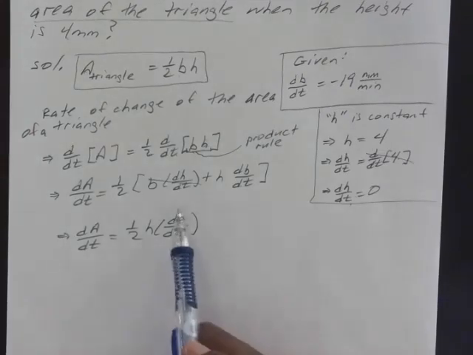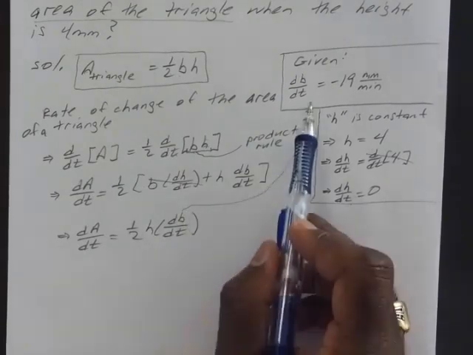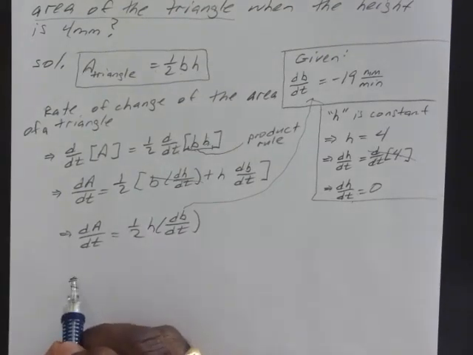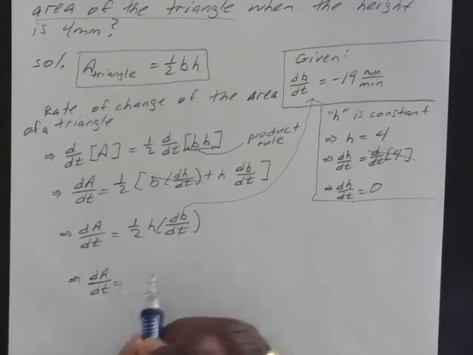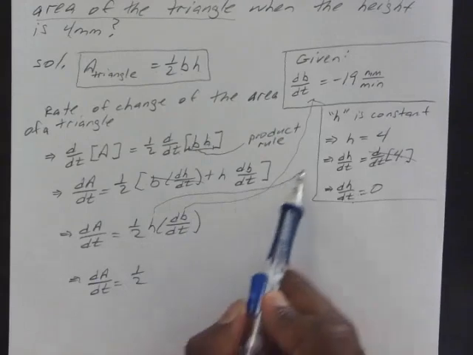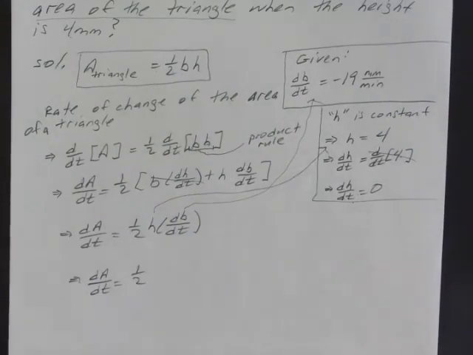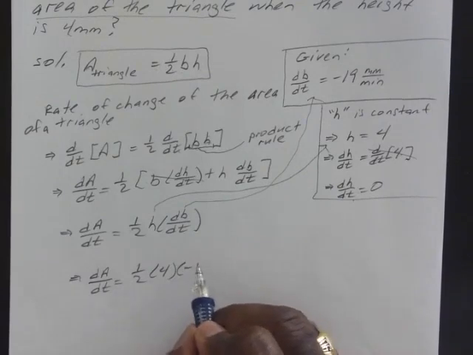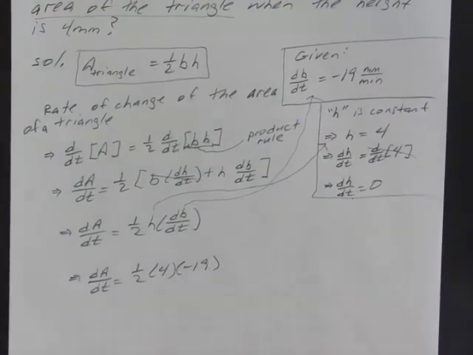Okay, so again, we know the rate of change of the base is negative 19 millimeters per minute. So the rate of change of the area with respect to time is equal to 1/2 times the height, which we already know is equal to 4. So 1/2 times 4 times negative 19.